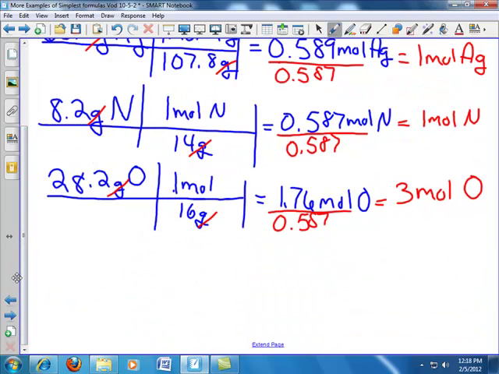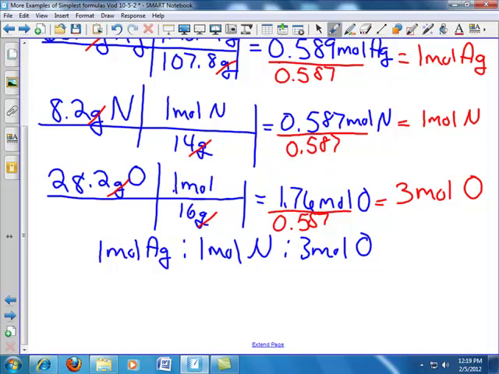Now, I wouldn't expect you to do this next part, but what we have right now is 1 mole of Ag to 1 mole of nitrogen to 3 moles of oxygen. Those are my mole ratios that I currently have, which you can see right here.